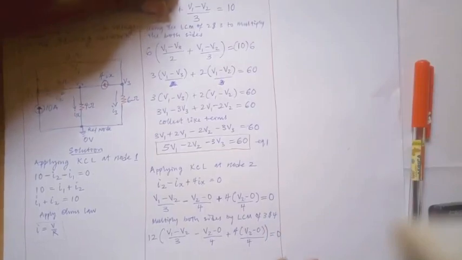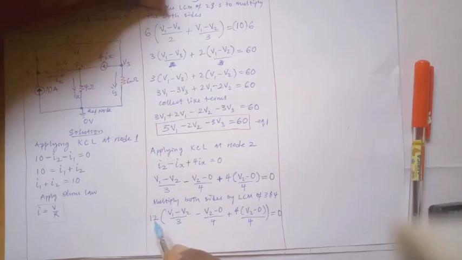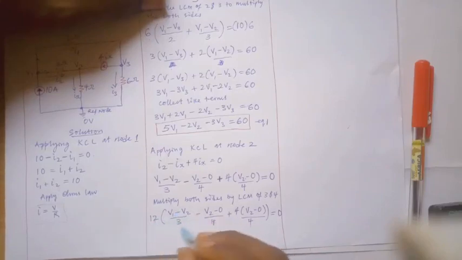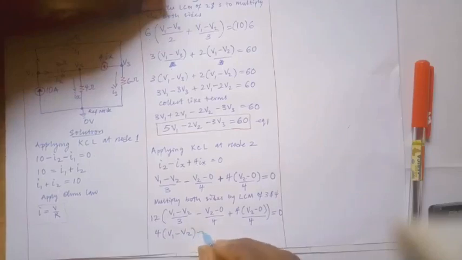So what's next now? You know, we said this one is a whole number and is over 1. It is working for all these numerators. It will now be 12 divided by 3, 12 divided by 4, 12 divided by 4. Don't forget that. Now 12 divided by 3 here, that is what? 4. Now 4 into V1 minus V2, minus, you know, this 3 has been used to divide this 12, so we don't need to write it again.